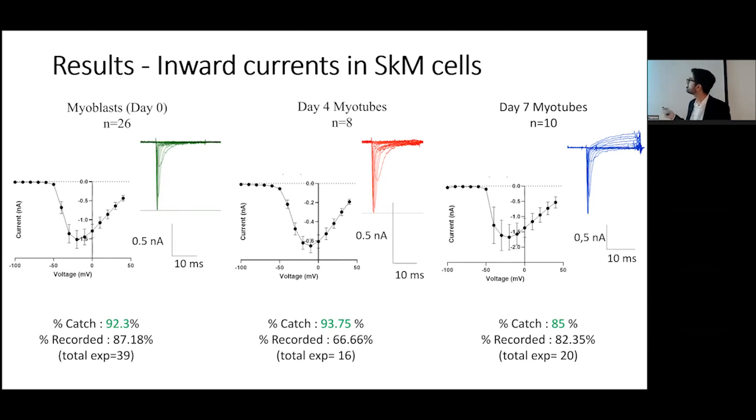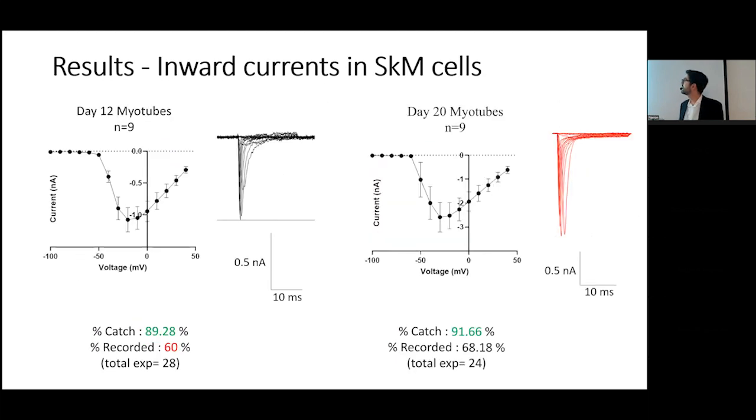As for day 7 myotubes, we obtained a good catching rate and also a good recording rate, with 82% success. Day 12 myotubes present a good catching rate but a lower recording rate compared to the other time points of differentiation. We probably need to improve this part, which we'll talk about later, but it's just because sometimes we lose some cells. We lost some cells during the washing steps, for example, which we'll talk about later in detail.